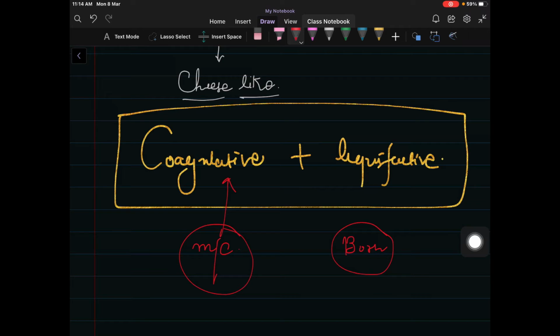But as we know, neither coagulative nor liquefactive gives the cheesy appearance. So how is it the combination of the coagulative and the liquefactive? Let's see with the example.